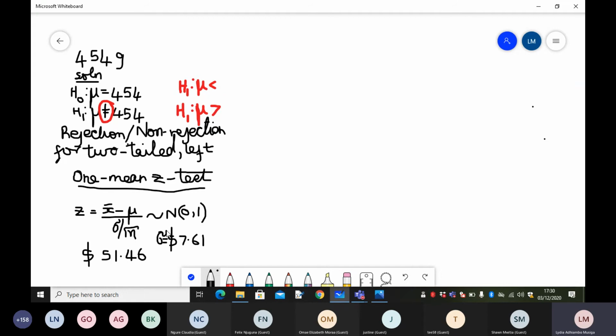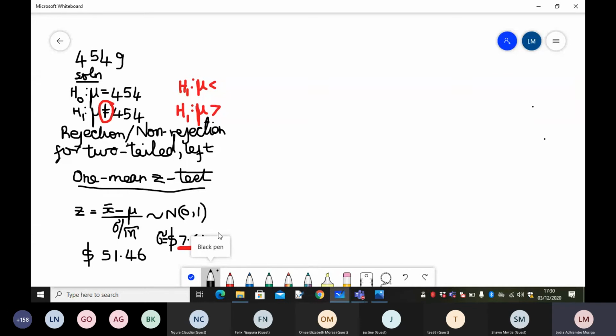population mean mu when sigma is known. Now you can see that we have been given sigma as 7.61, and this is why we are performing a one mean Z test. We don't have to calculate it. Sigma is given. And we know what our test statistic is. What about the level of significance?